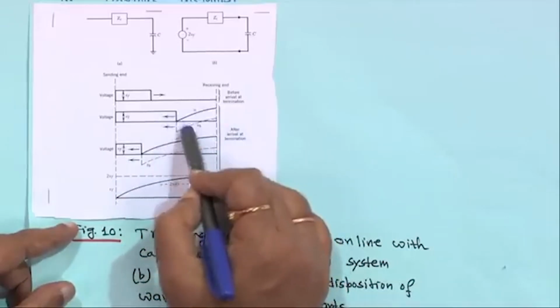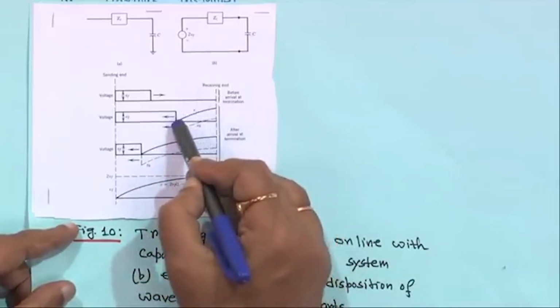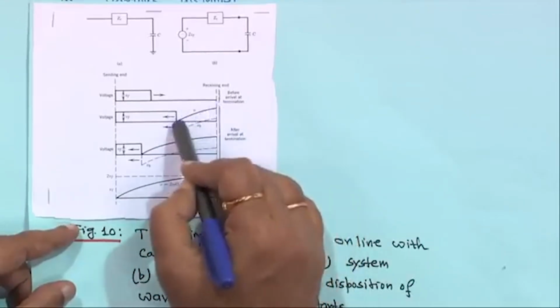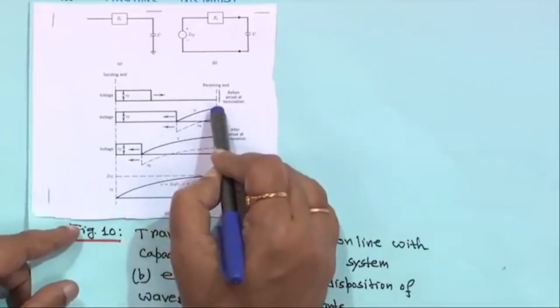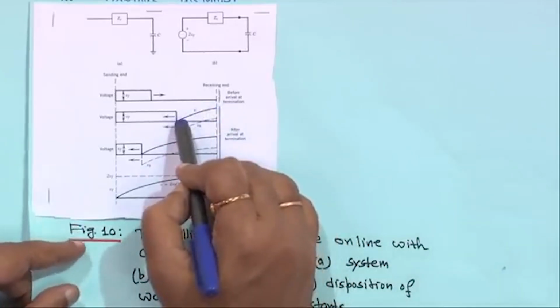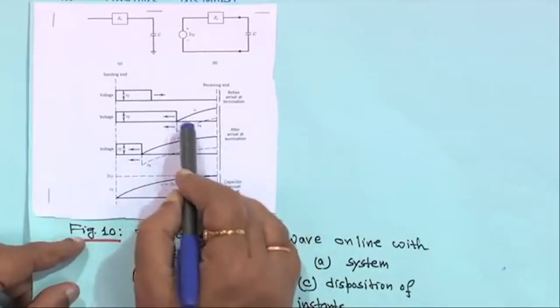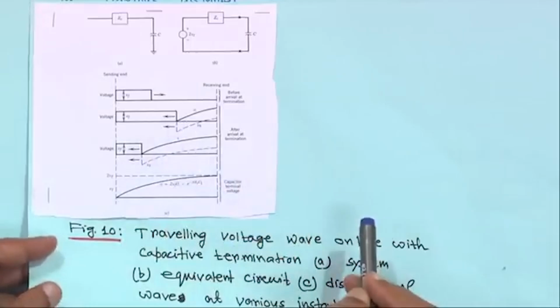After that, with that waveform this one will be added, and after arrival at the termination, the characteristic of V will be like this. This is at a particular instant. Similarly at another instant it will be the same philosophy, but one is sufficient for understanding, right.